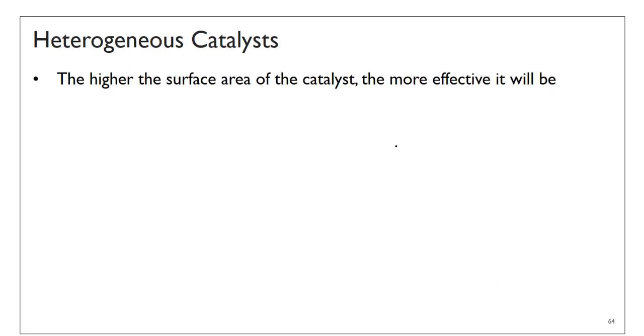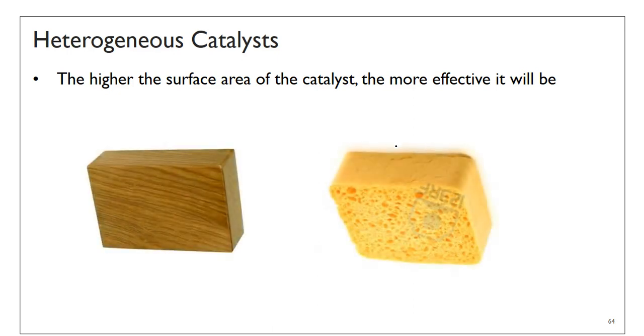Yeah, so the main thing with heterogeneous catalysts is you want to make sure that every reactant can have access to the catalyst. If the catalyst is a solid, then you want to maximize the surface area, so that all the reactants, be they liquid or gas, could actually come into contact with the catalyst. I don't know why I keep these photos in my slides for so many years, but I just find this hilarious somehow.